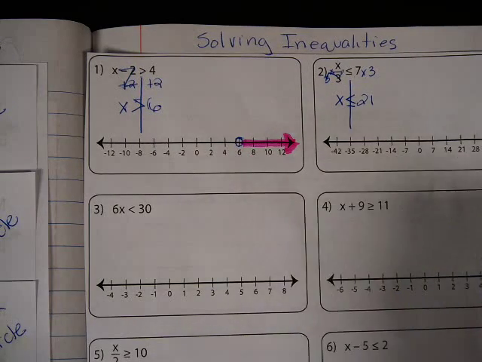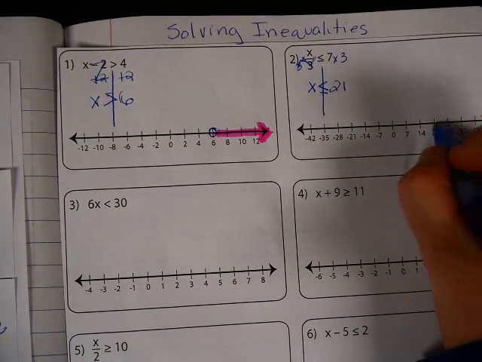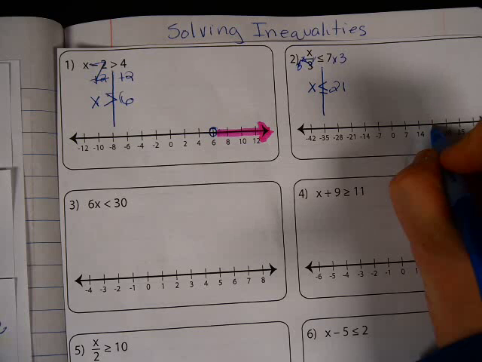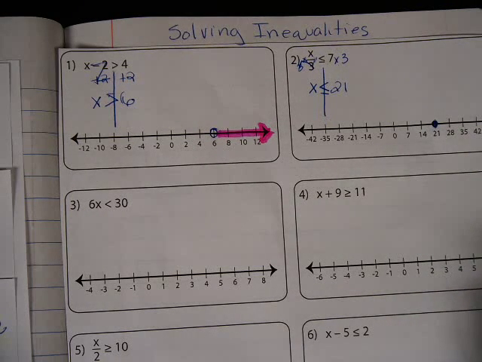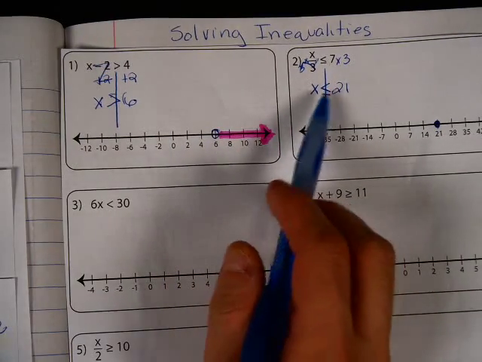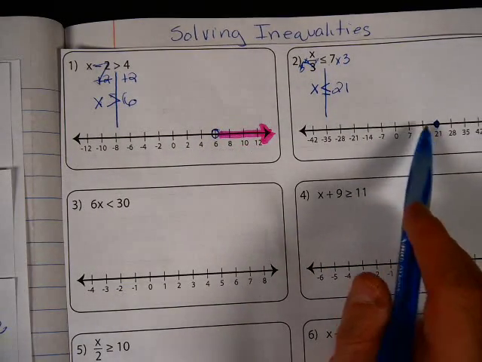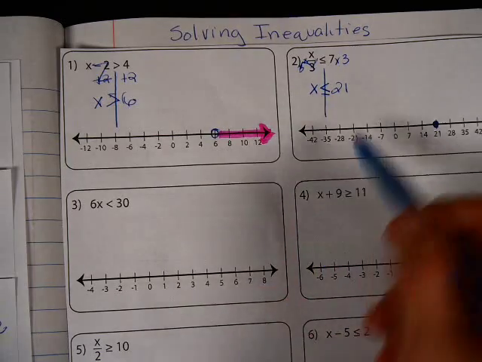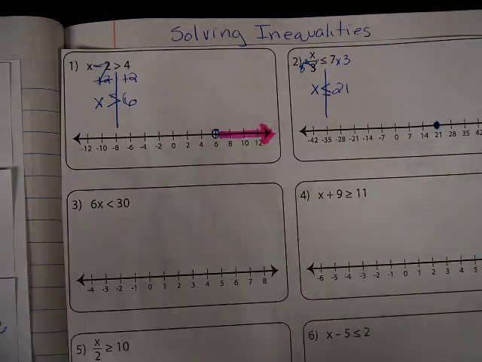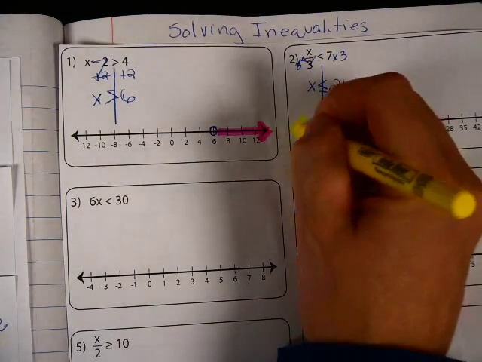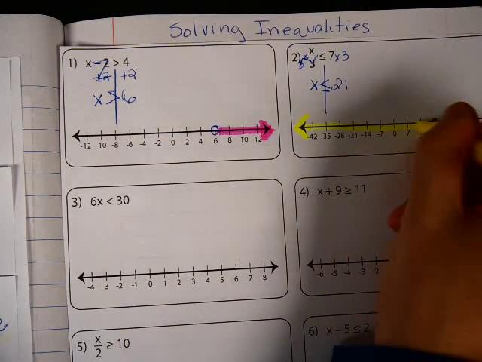So you have to find 21. 21 is right here, and we said it's a closed circle. So you put a closed dot there. Now, again, it tells you it's less than. So it's everything that's smaller than 21. So your arrow is going to go that way. Okay?